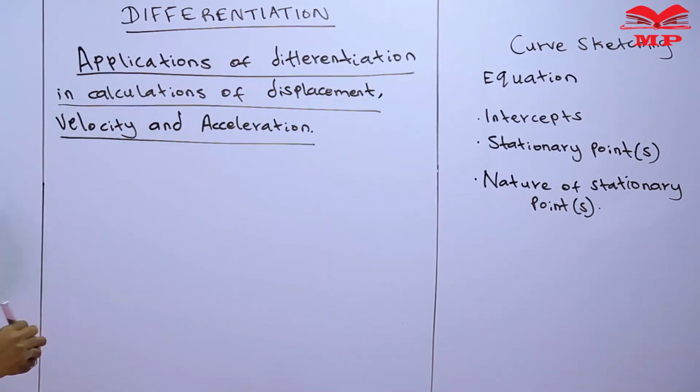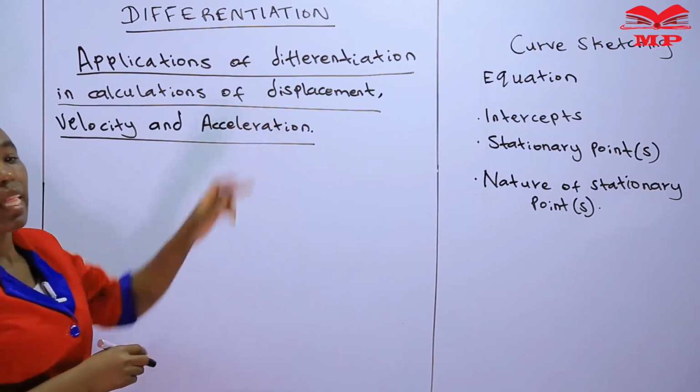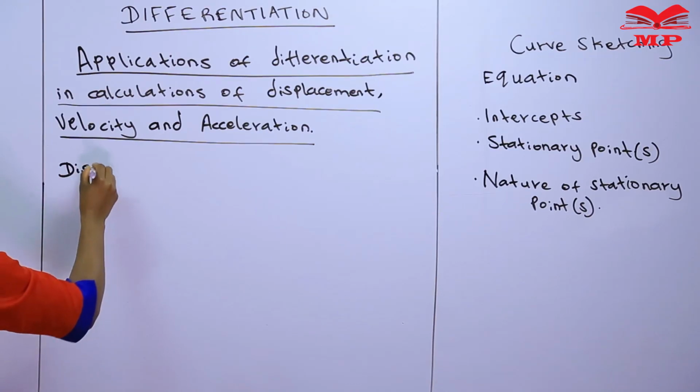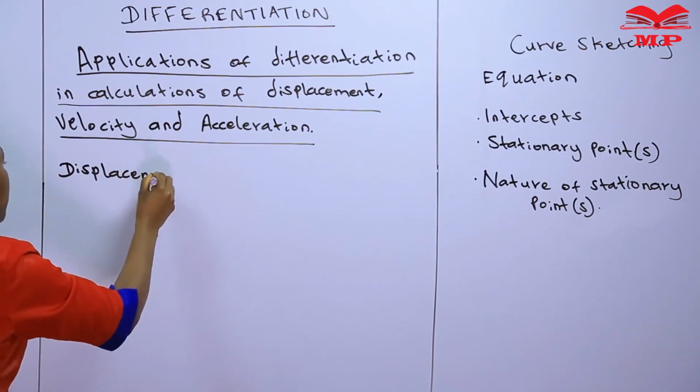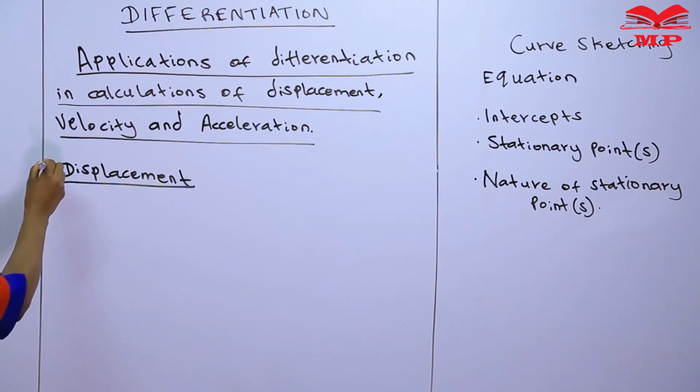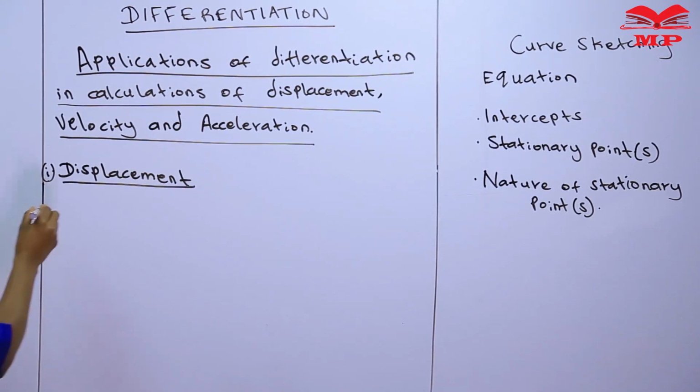Displacement, velocity, and acceleration. And we are going to start with the first one, that is displacement. This is direct when it comes to calculation. I want us to consider a body that travels a distance s.